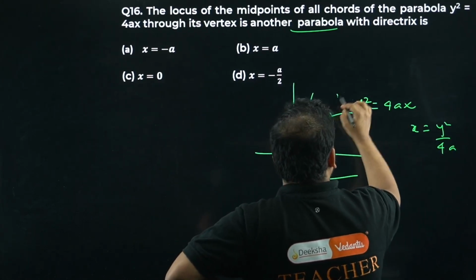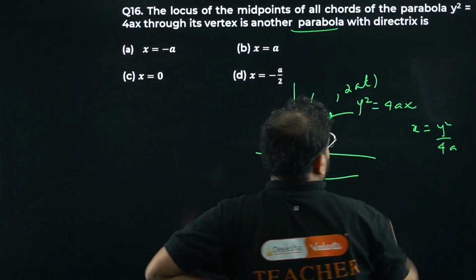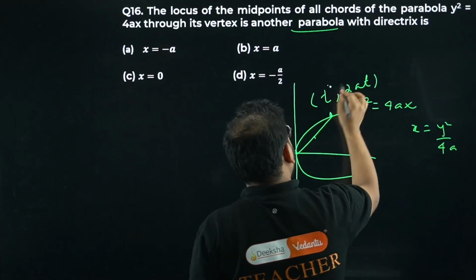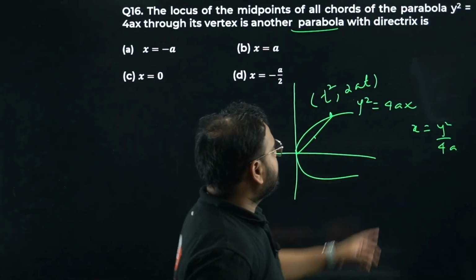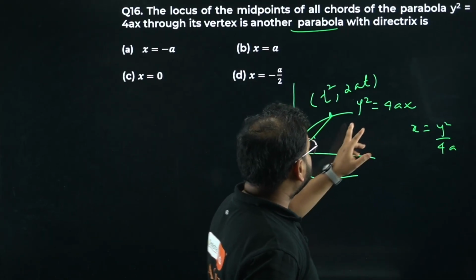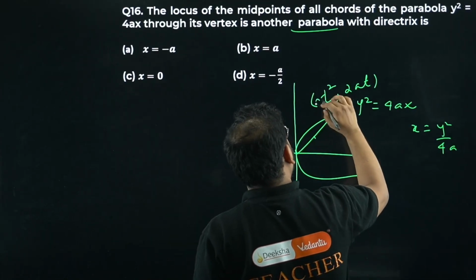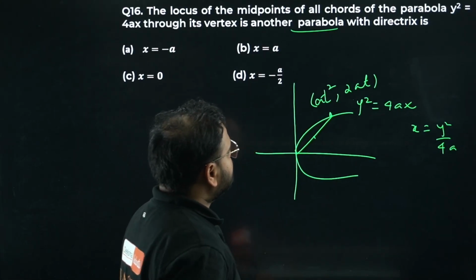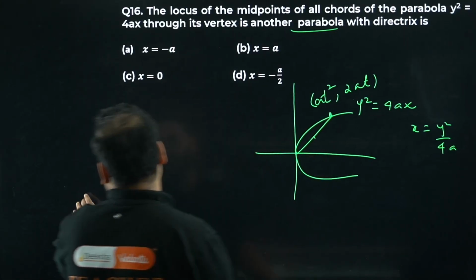If I take y as 2at, I get 4a square t square, which simply becomes t square over 4a, so x will be at square. So you'll get the point at square comma 2at.